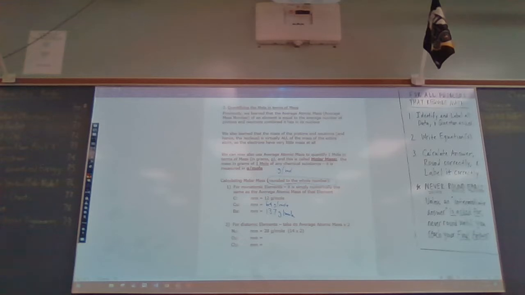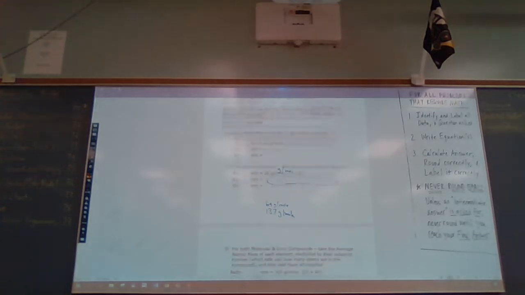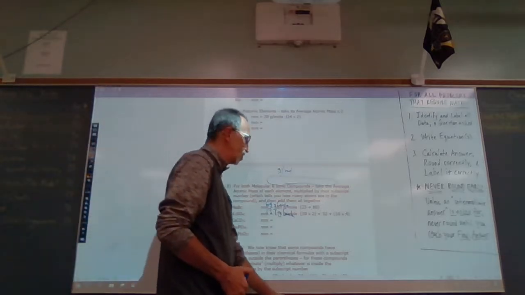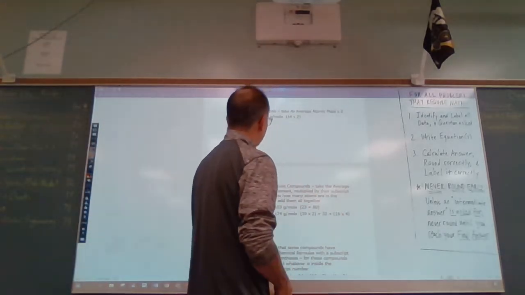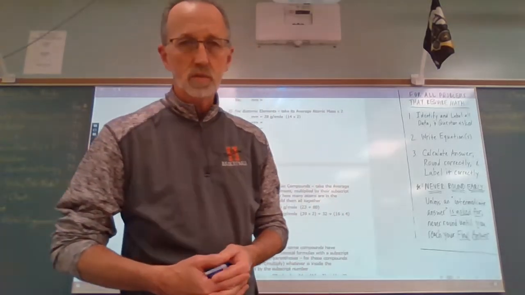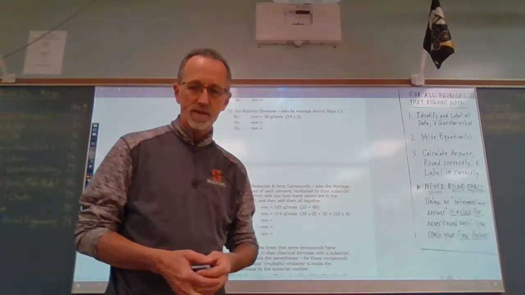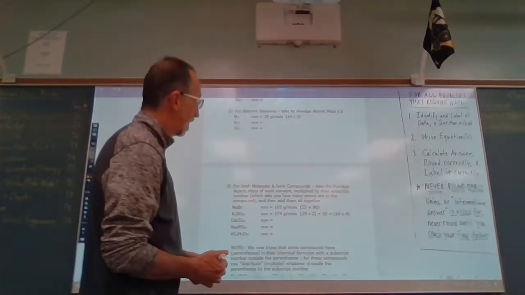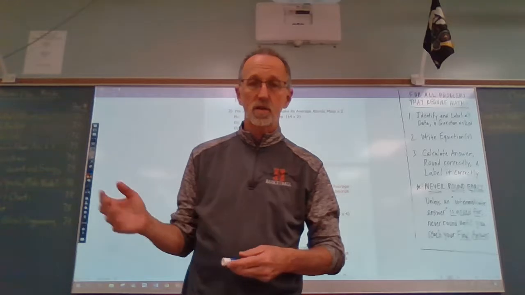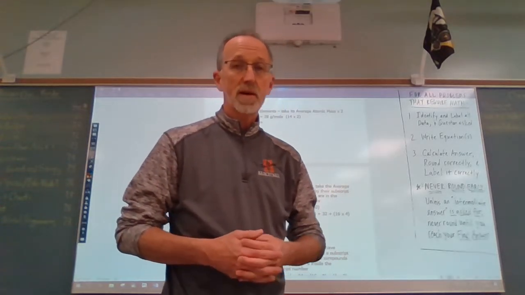Let's advance the screen here. For diatomic elements, take its average atomic mass times 2. So for nitrogen gas, which is N2, there are 2 atoms of nitrogen in there. You take its average atomic mass, which is 14.01, round that to the whole number, 14, and multiply it by 2.